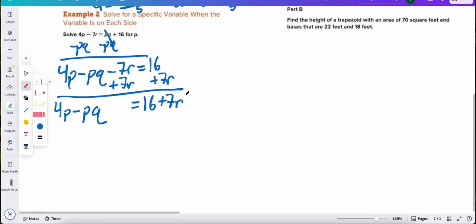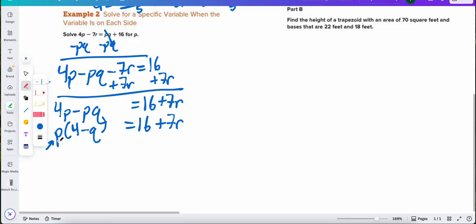But they both have p in common, which relates to something we talked about back in Unit 1, which is if they both have the same thing, you can pull that out using the distributive property. So I could pull p out, and that would make this 4 minus q, in parentheses, equals our 16 plus 7r. So I pulled the thing they had in common out.